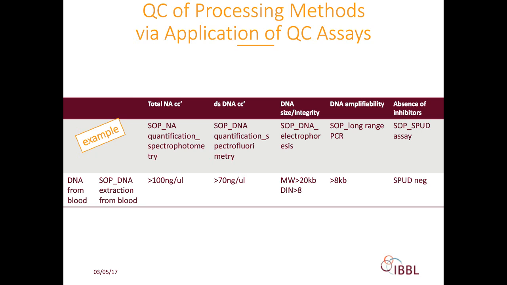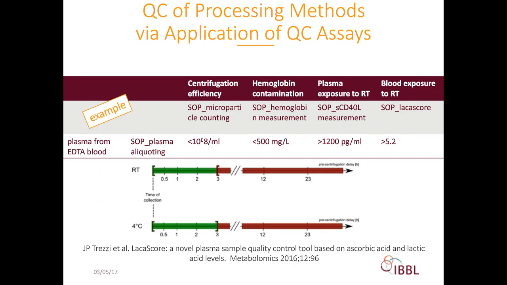In the following example, again at IBBL we do internal quality control for the processing method, which is here plasma aliquoting.